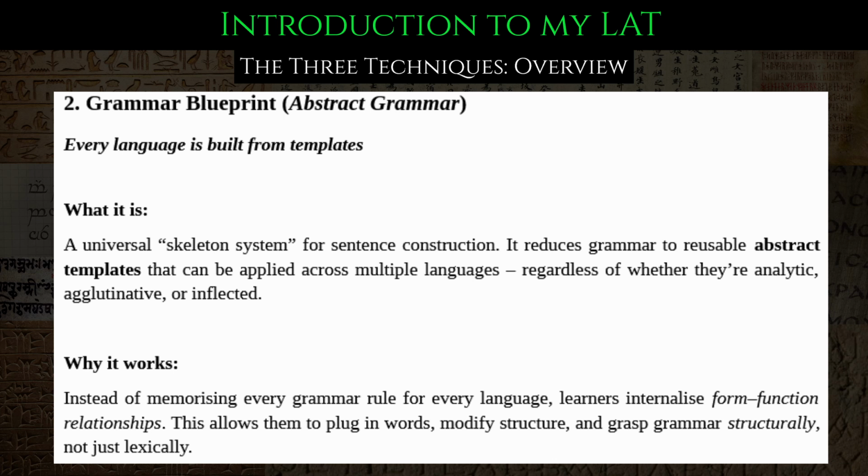You see, instead of memorizing every grammar rule for every language, learners, again, that would be us, internalize functional relationships. This allows us to plug in words, modify structure, and grasp grammar structurally and not just lexically.